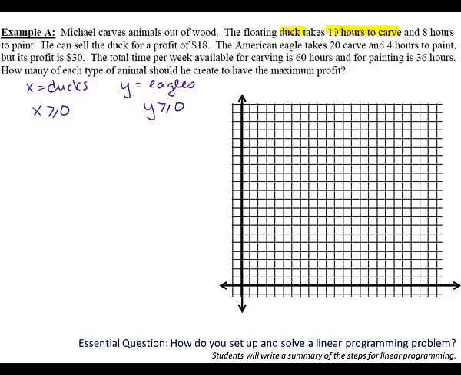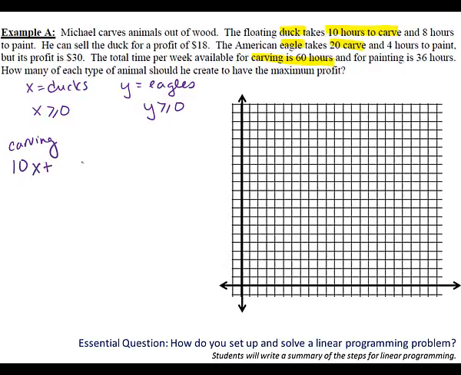So 10 hours to carve the duck. The eagle takes 20 hours to carve, and how many hours are there for carving? 60. So we're going to write an equation about carving. If you want to label it, this is the carving equation. All right, so I've got 10 times, what's my variable for ducks?